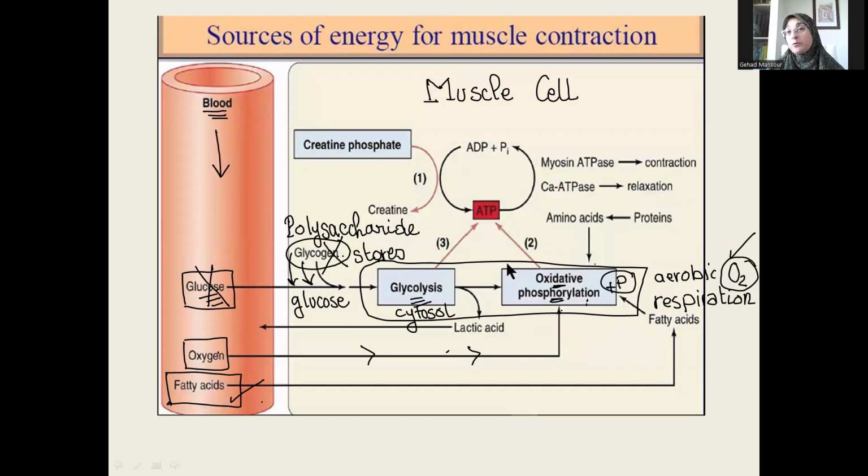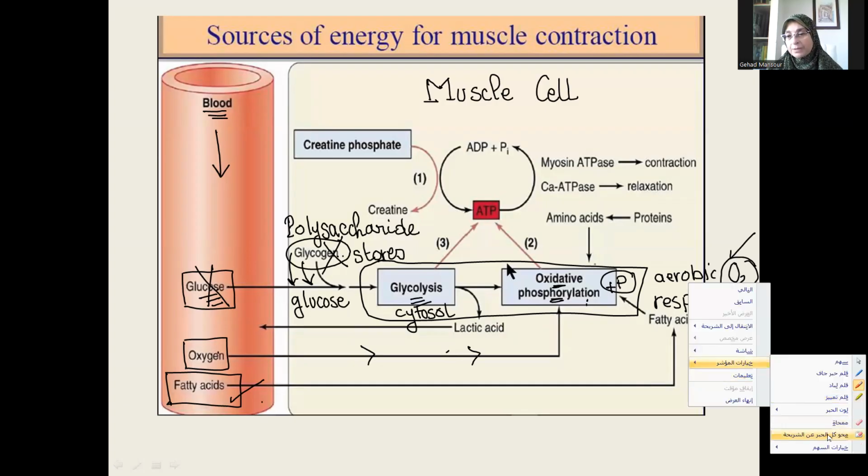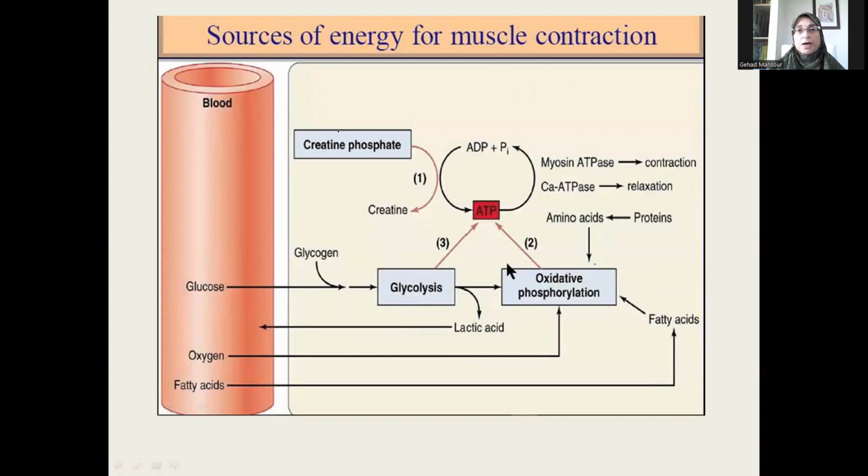And that's why people lose weight if they exercise heavily without having a concomitant supply, or in parallel supply, of glucose. And now we are going to clarify the role of creatine phosphate in all this.